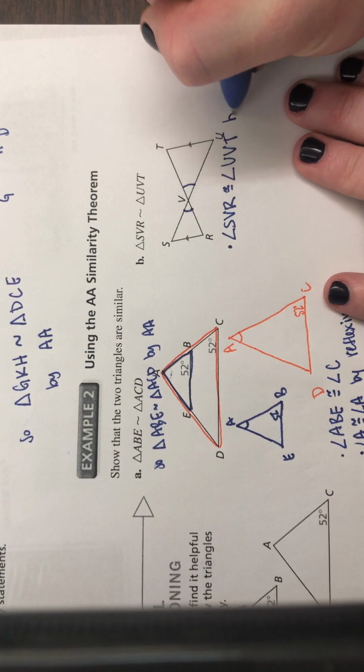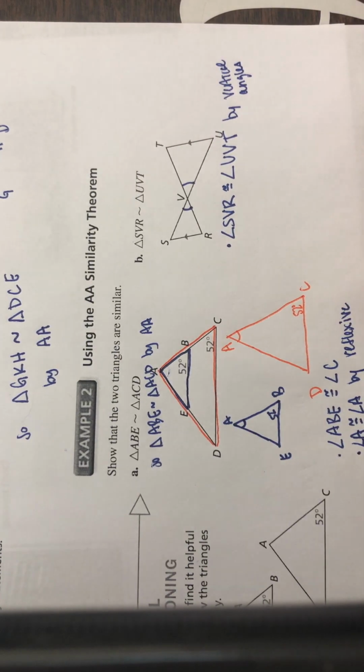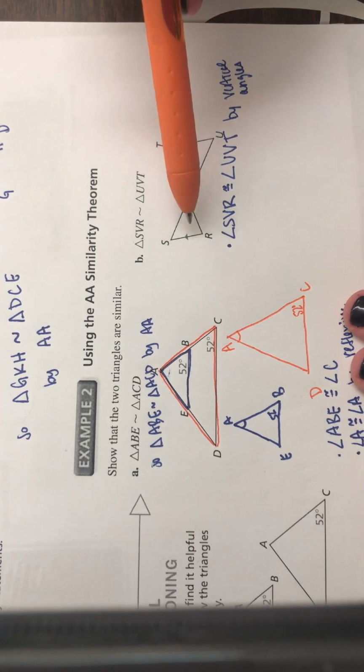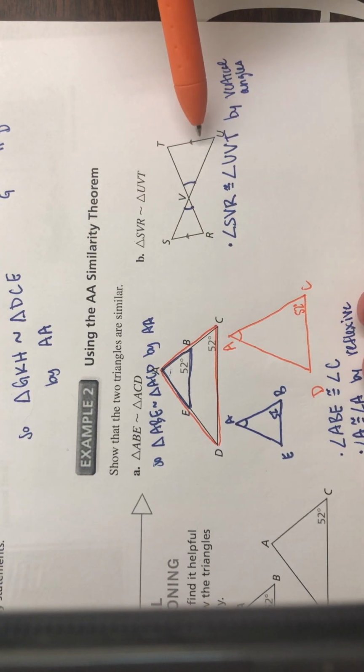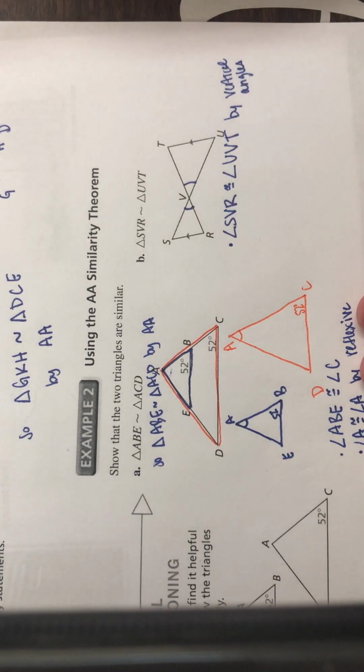Those are vertical angles, so by vertical angles. And the other thing that I see that they give me in this picture is these two little arrows. Remember, the arrows signify that those sides are parallel to one another.